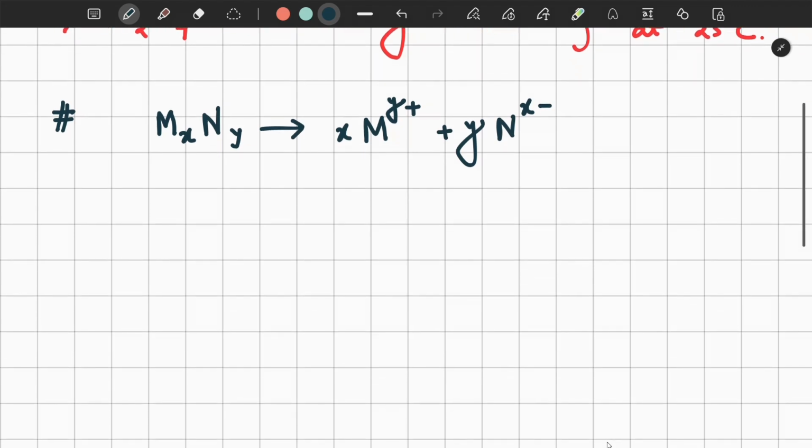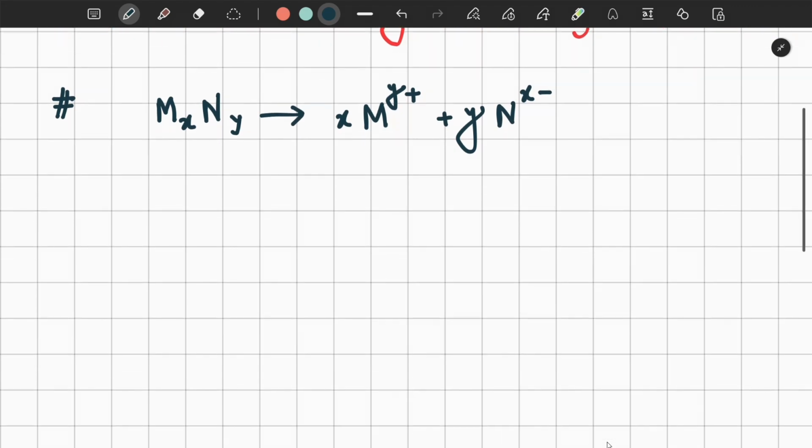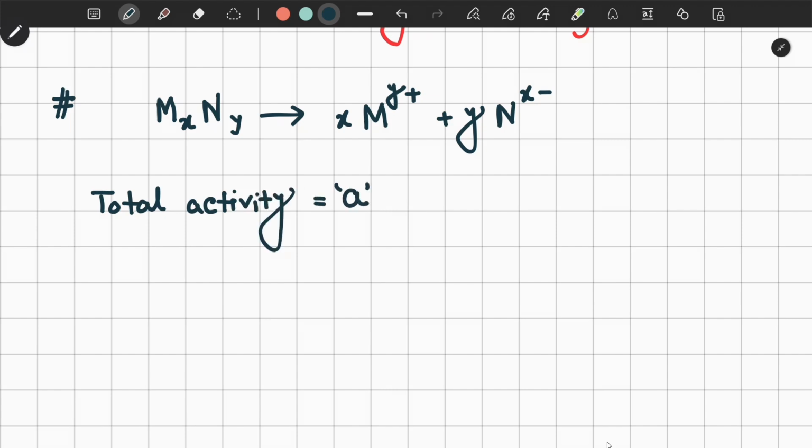Now we discussed the total activity, that is A. Ionic activity, how is it defined?